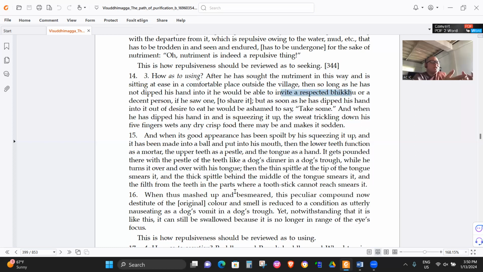The process will be in the mouth after you chew. What happened? And then it will be like a dog's vomit. Yeah, it's true. Of course, we swallow it and we cannot see. That's why we say it's no longer in the range of the eye's focus. If whatever we chew, you spit out and you have a look at it, I think we don't want to put it inside the mouth again.